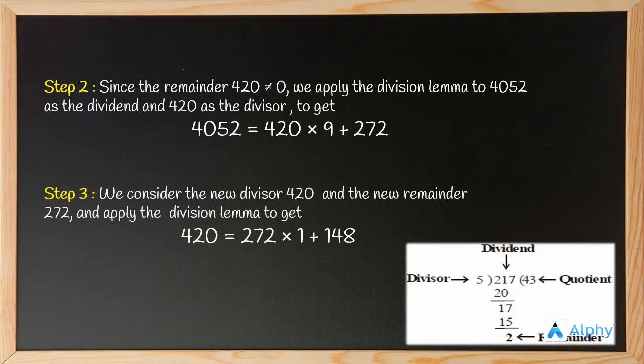We're going to get a new divisor and take the new remainder and apply the lemma to it. I think you're very familiar with the equation, a is equal to b into q plus r, and it's not very difficult as long as you remember what is dividend, what is divisor, what would be quotient, and what is remainder. So let's move on and see.